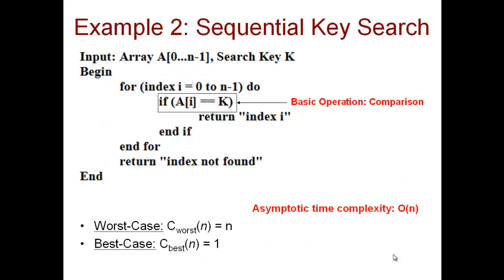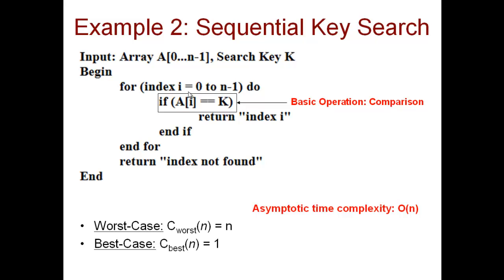Okay. The sequential search problem also can be analyzed with this approach. So a given array and search key k. What is the logic here? Go from index 0 to n minus 1 and at any index, if a of I equals k, we stop and say we found the index where the k is.